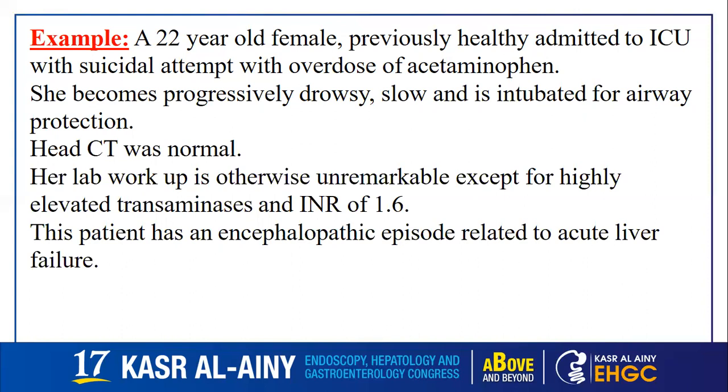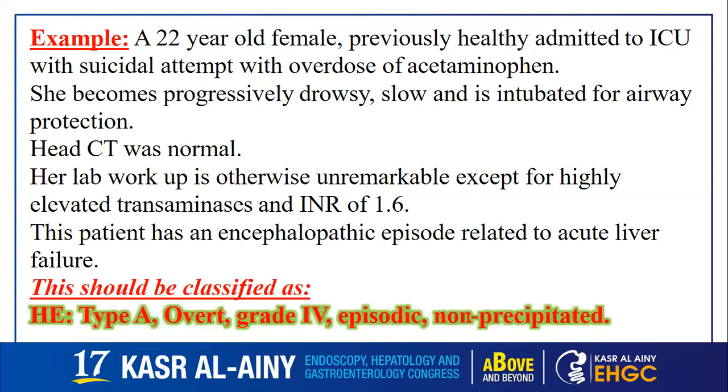It is of course an overt encephalopathy. And lastly, this is not precipitated by something. I mean, there was no chronic liver disease and something happened to precipitate it. So this is type A, overt, grade 4, because the patient is comatose and intubated. It is episodic and it is non-precipitated.